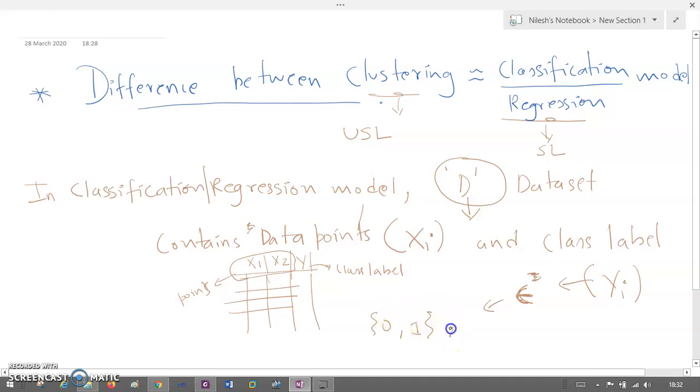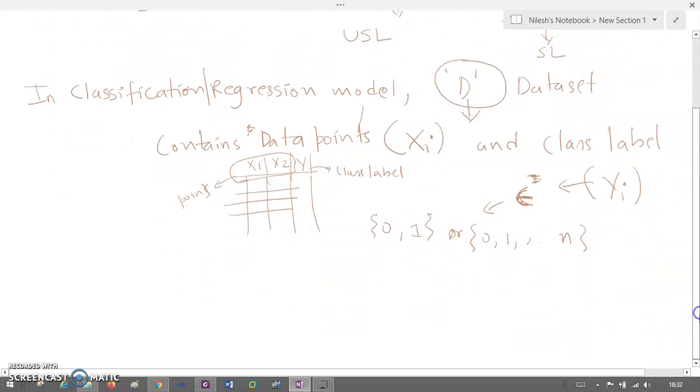Or it could be 0, 1 till n, which is multi-class classification, when you have, like, five class labels and among the five you want one.